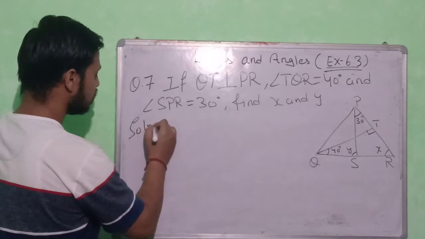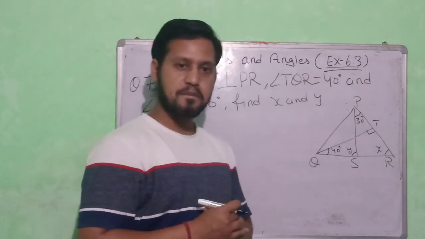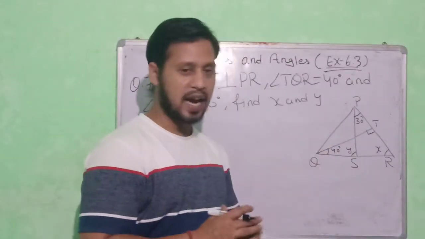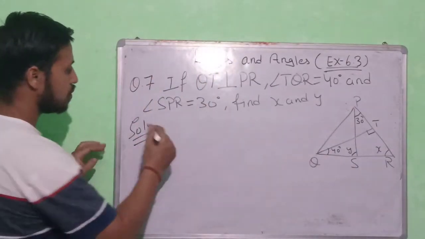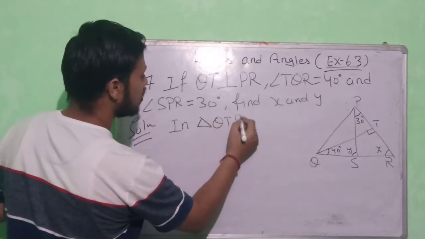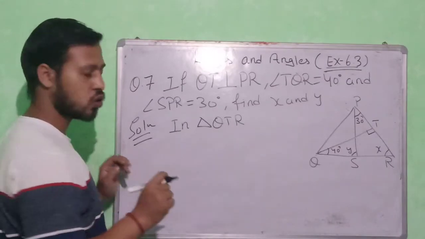Solution. As you know, this is 90 degrees. This is the sign of 90 degrees. First we will take triangle QTR. We must write here which triangle we are taking while solving the question.